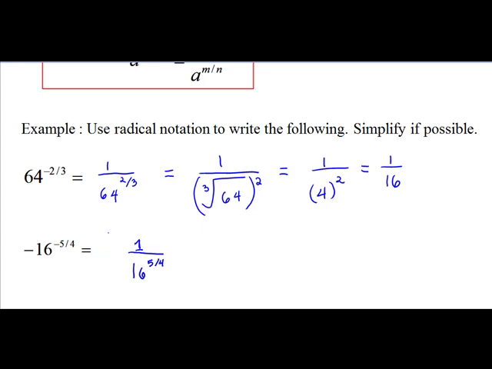This minus tells us the whole fraction is a minus. So you only change the exponent. So when you rewrite this, you change the exponent to positive by putting it down this way. Now we're going to rewrite this again. The 4th root of 16. And once again, I put a 5 outside like so. Now the 4th root of 16 is 2. This whole thing here equals 2, to the 5th power. So I have 32 on the bottom.